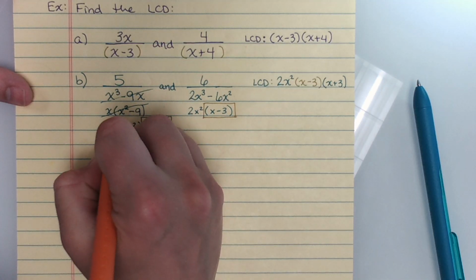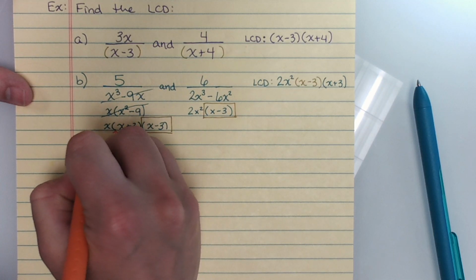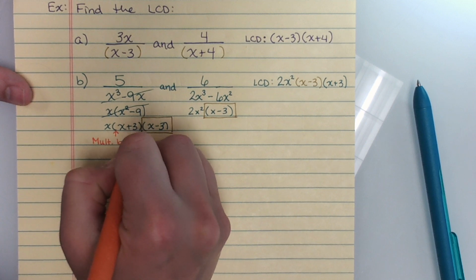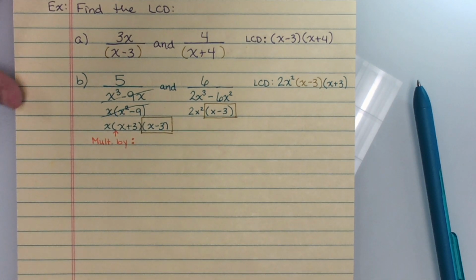Now, while we're at it, we didn't do it on the first one, which isn't the end of the world. What would I need to multiply the first fraction by to get it to be the common denominator? Break it down into pieces. Look at the monomials first.